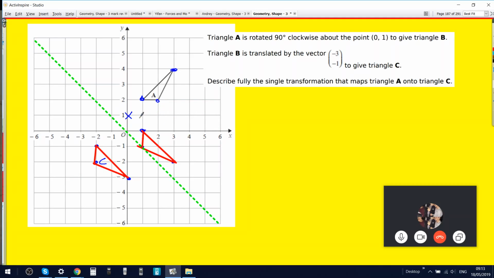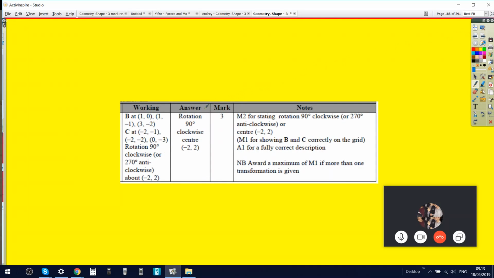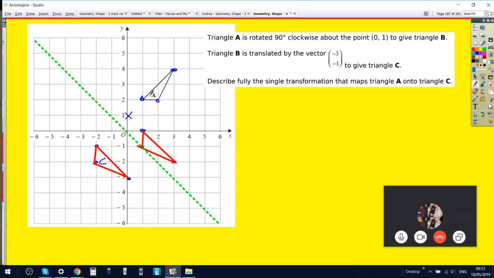It was close. One transformation that does that onto that. Oh, it is a rotation. One rotation, 90 degrees. So it's just the same rotation, just about a different center.